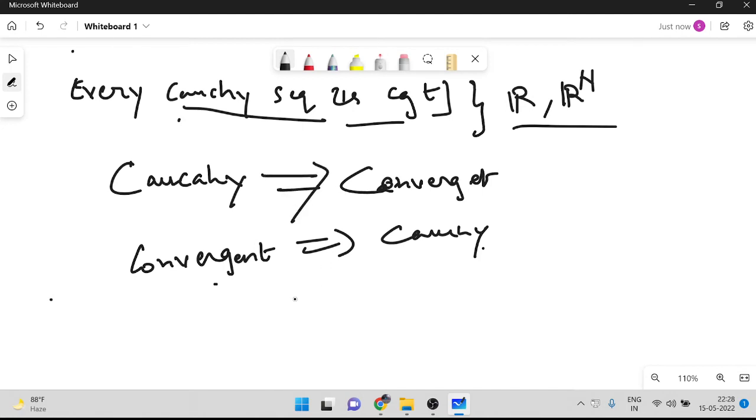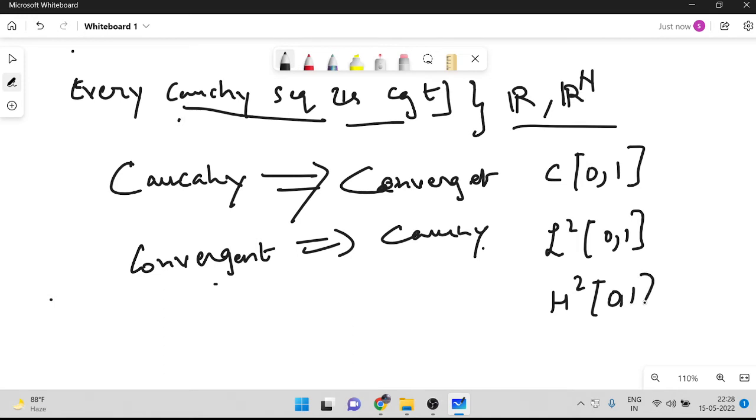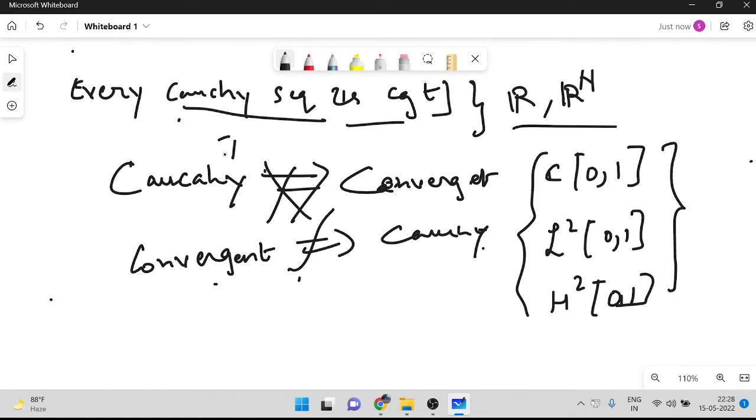Later on, when we go to some complicated spaces such as the set of continuous functions, Lebesgue square integrable functions, and Sobolev spaces, these are complete spaces under certain norms, but in infinite dimensional spaces, convergent will always imply Cauchy, but Cauchy need not imply convergent.